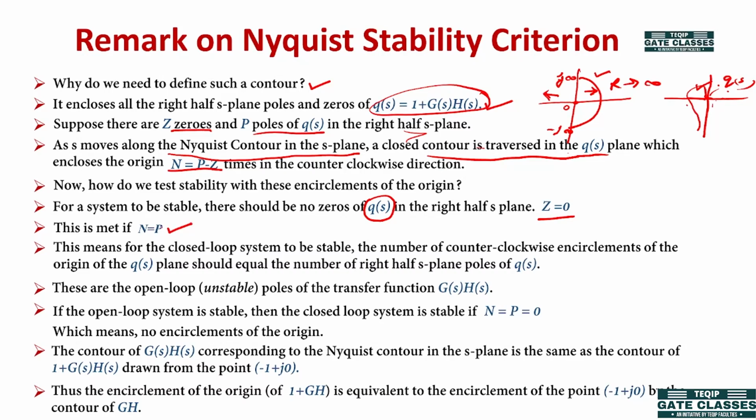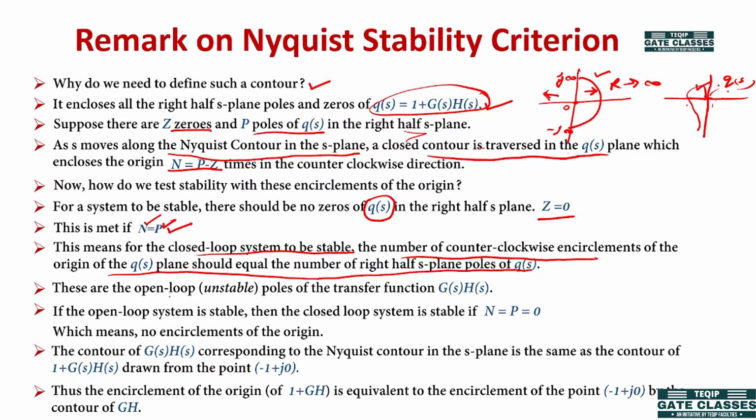That means the number of poles of the open loop transfer function that lie in the right half of the S plane must equal the total number of encirclements of the point minus 1 plus j0 by the Nyquist plot. So for a closed loop system to be stable, the number of counterclockwise encirclements of the origin of the Q(S) plane should equal the number of right half S plane poles of Q(S).